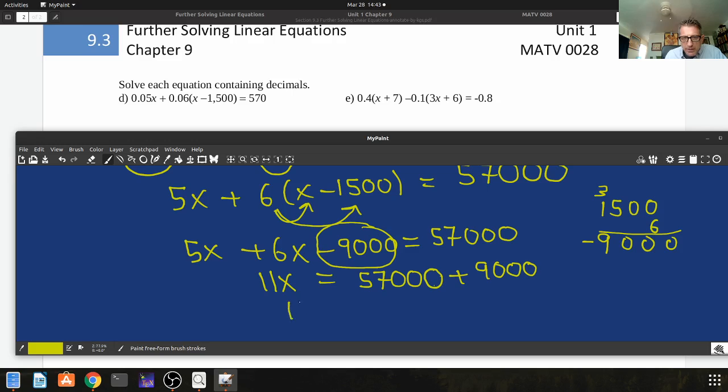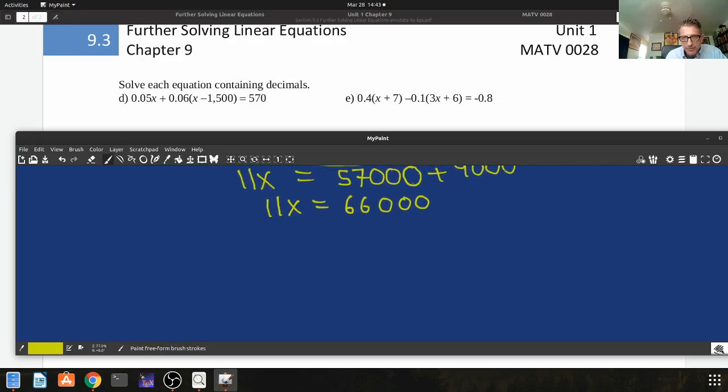So that's going to give me 11x is equal to 66,000. Oh, how nice. Why am I saying that's nice? Because that's going to evenly divide by 11. So no matter what, I have to divide both sides by 11.